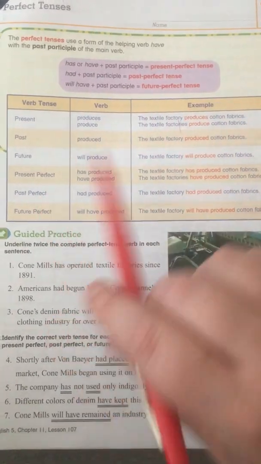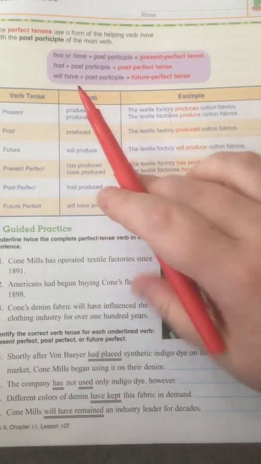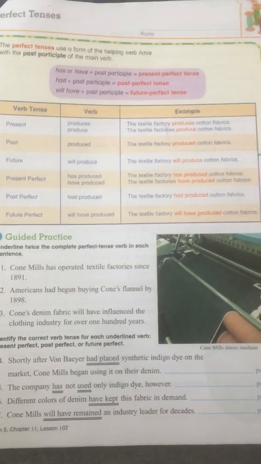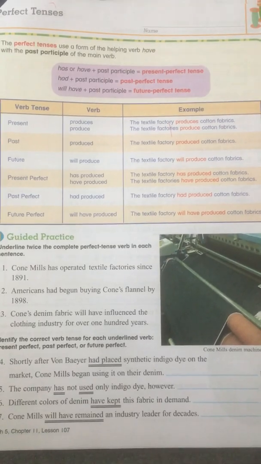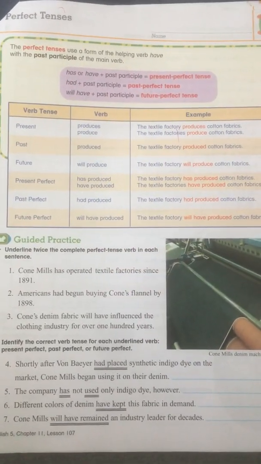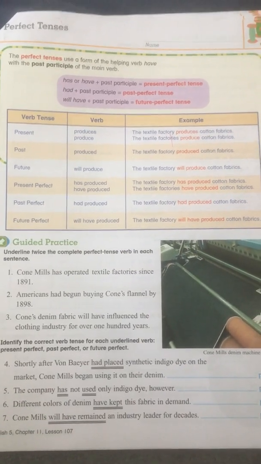And then you have the future perfect tense, an action that is going to start in the future and will continue in the future. We use will have, sometimes shall have if you're being very formal, but for our sakes, we're going to use will have most of the time.